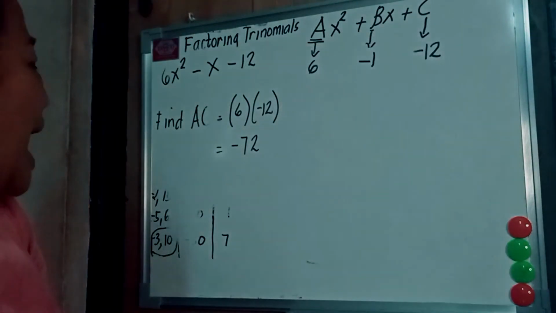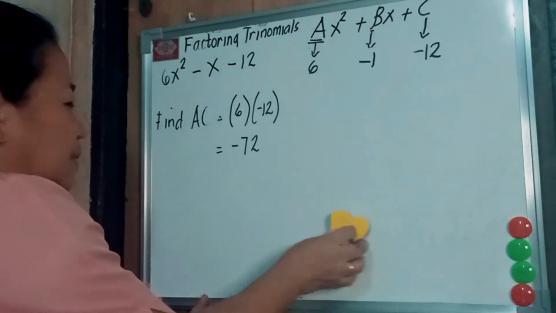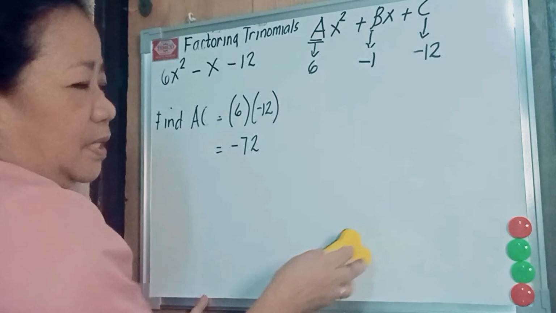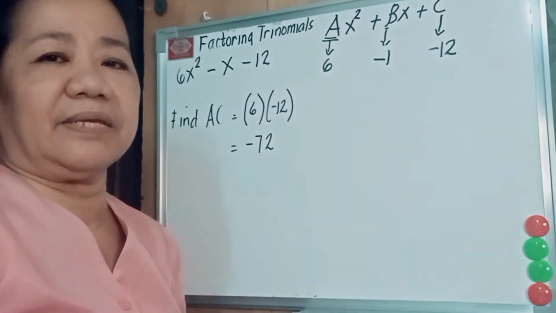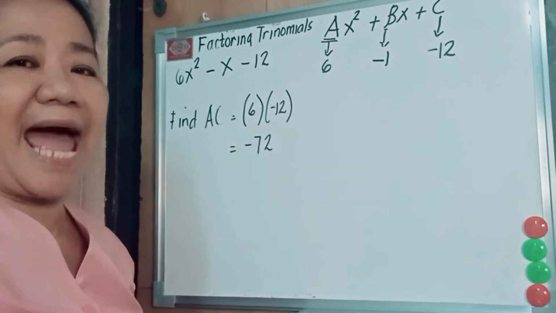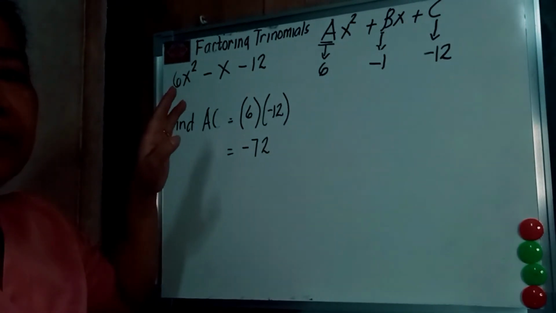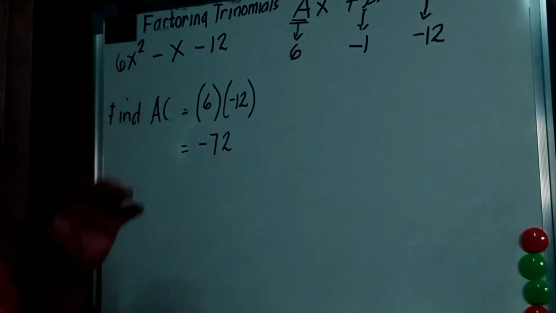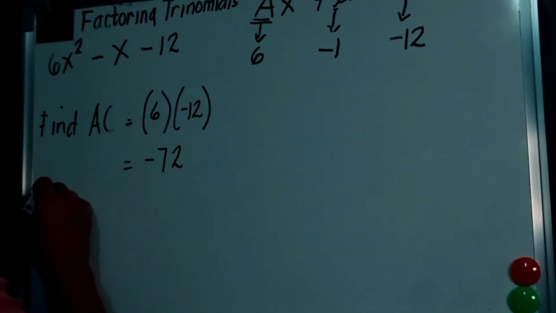Now, again, from here, we need to find the pairs of numbers that, when multiplied together, will give us negative 72, but when added, will give us negative 1. So, what do you think are the pairs of numbers that satisfy that condition? Let us have the pairs of numbers.